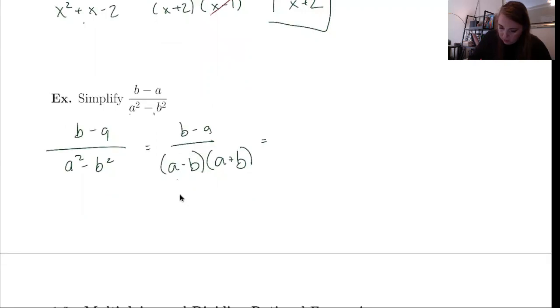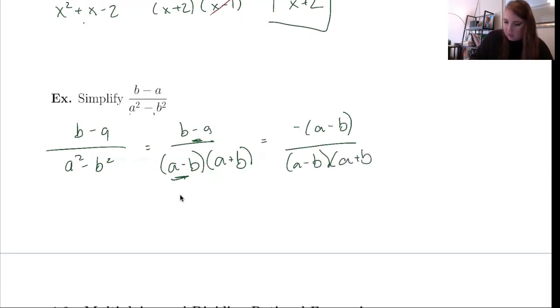So I want to be able to cancel these 2 right here, this guy and this guy. So I can write it in 2 different ways. I can either pull out a negative on the top or the bottom. I usually like letters to go alphabetical, so I'm going to pull it out of the top. So it's going to be A minus B, A minus B, A plus B in the denominator. All right.